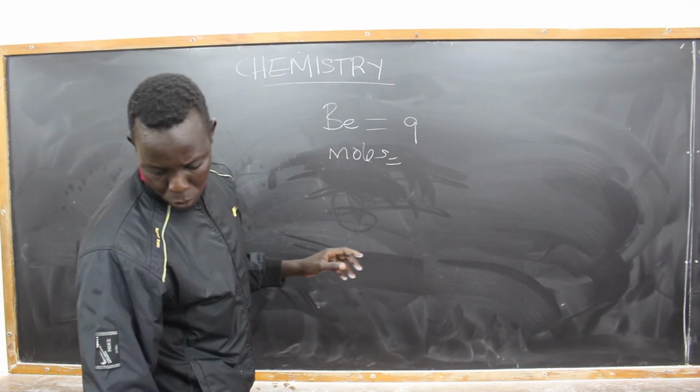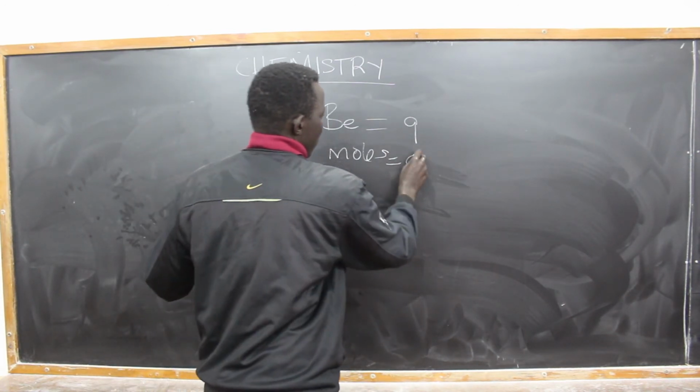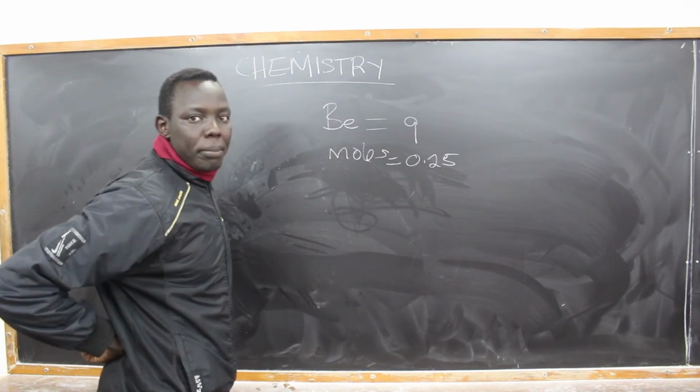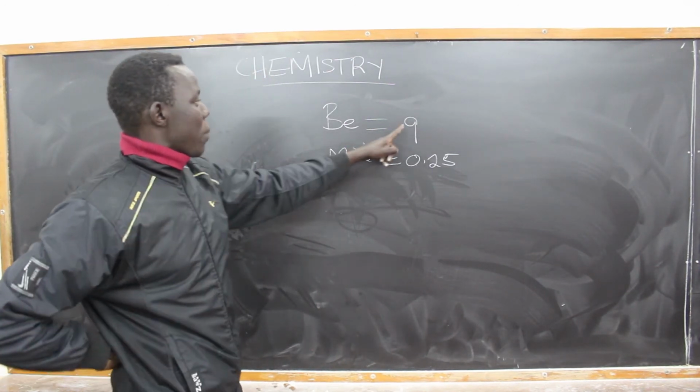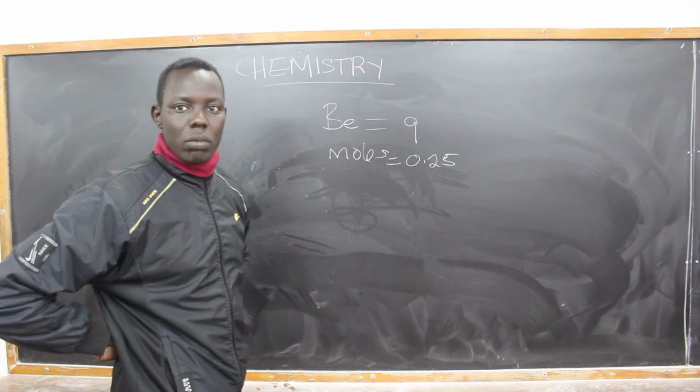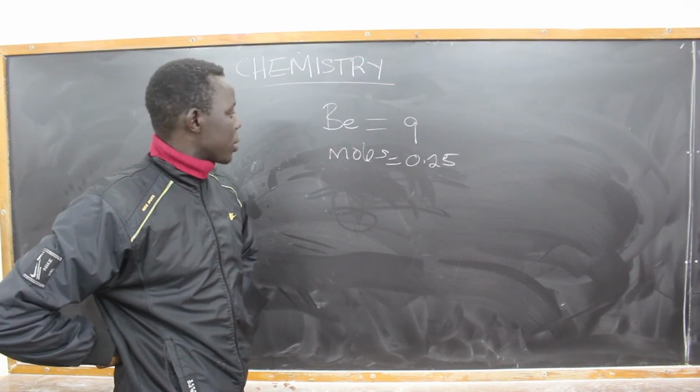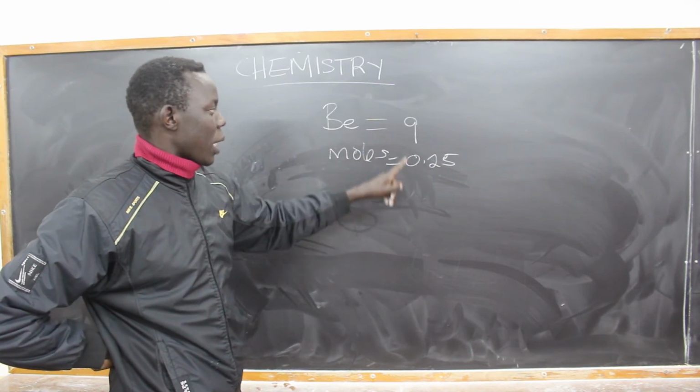You have the molar mass, you have the moles. The mass, I said, is given by the molar mass times the number of moles.